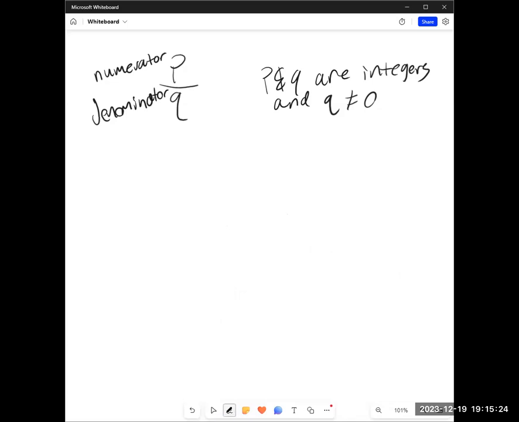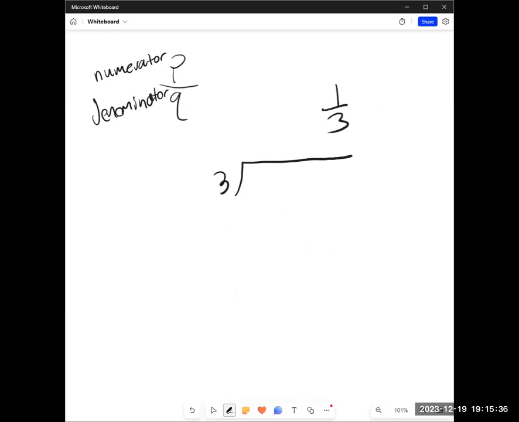The question is: the number 1/3 can be represented as what kind of decimal? Would it be a terminating decimal or a repeating decimal? So let's do that division. 3 goes into 1.0, and I'll put some more zeros here. 3 goes into 1 0 times.